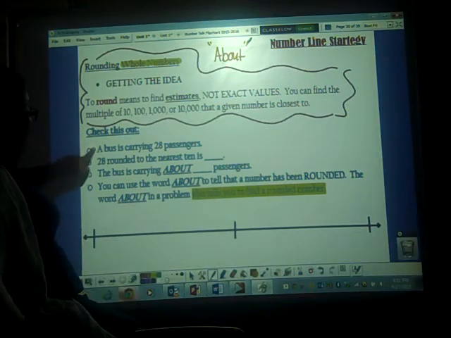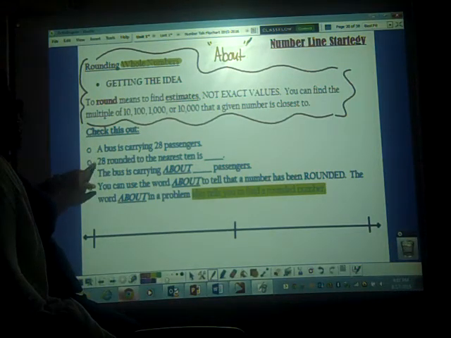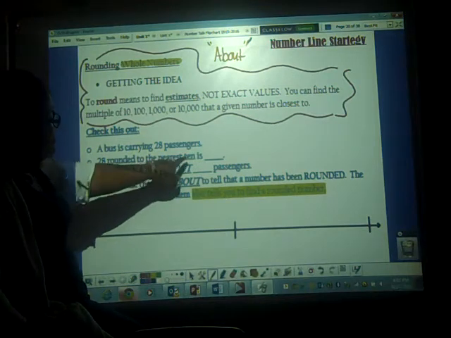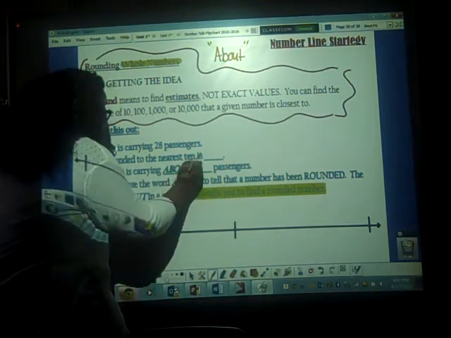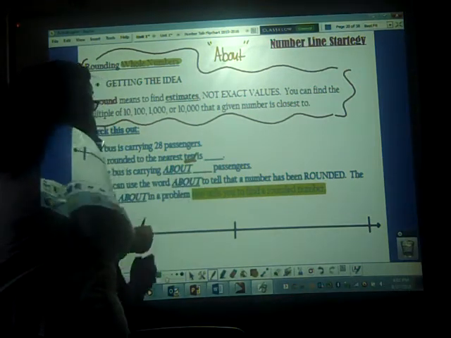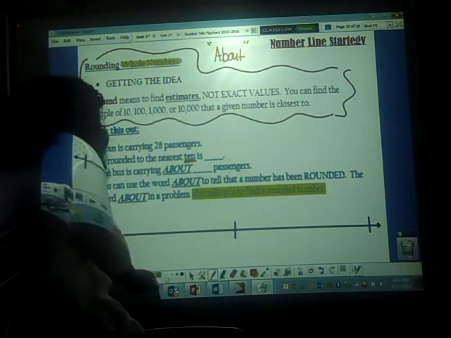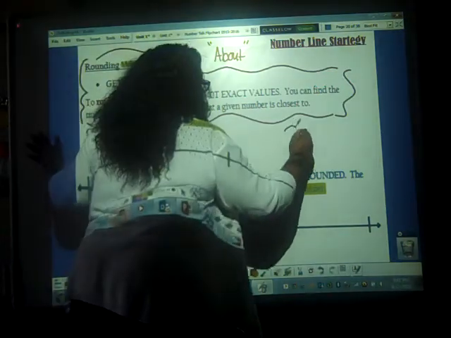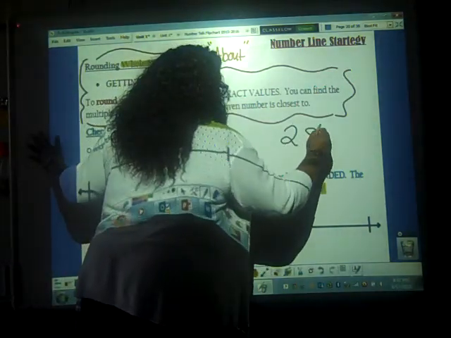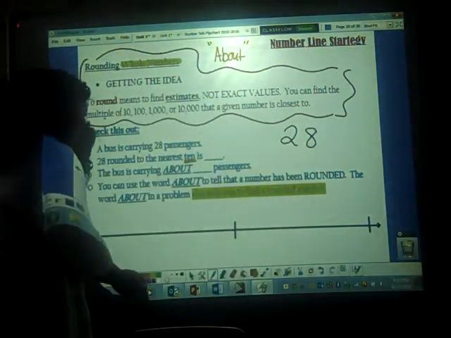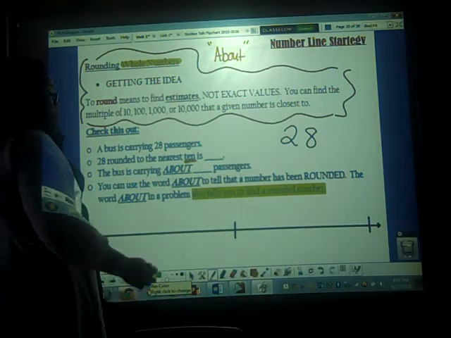All right. So a bus is carrying 28 passengers. 28 rounded to the nearest 10. They're telling us round 28 to the nearest 10. So let's go ahead and write that number 28 a little bit larger to the side so you guys can see it. Now they said rounded to the nearest 10. All right.